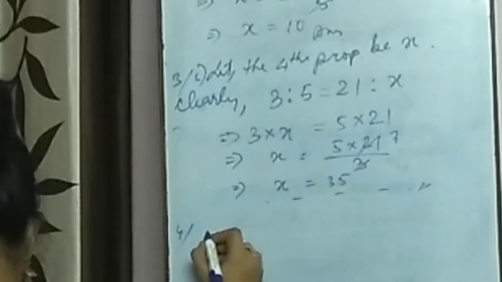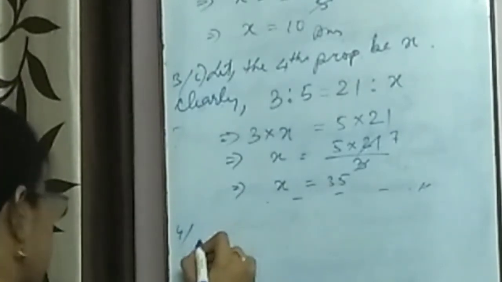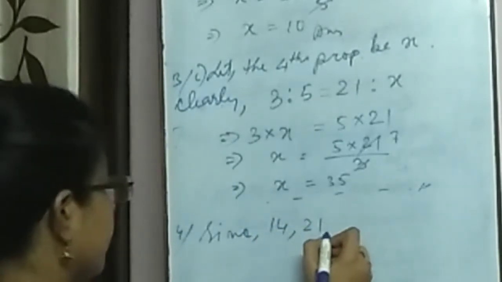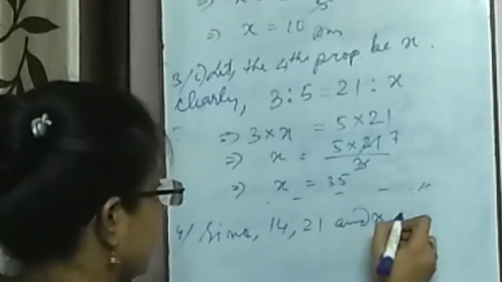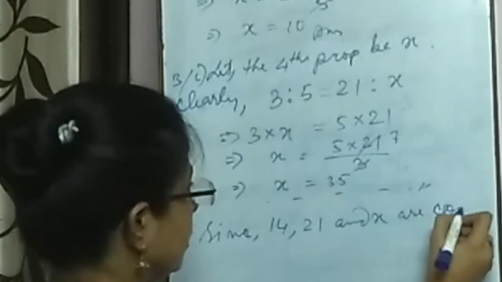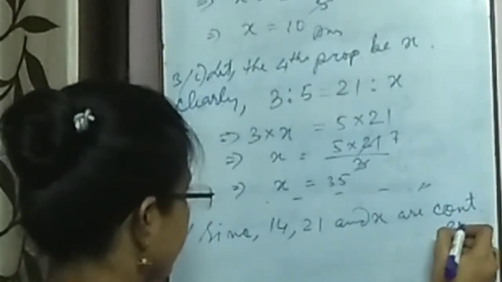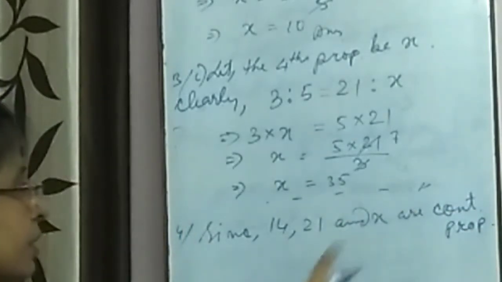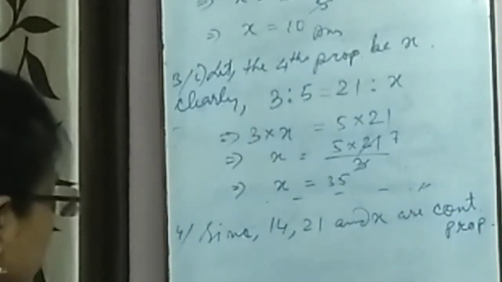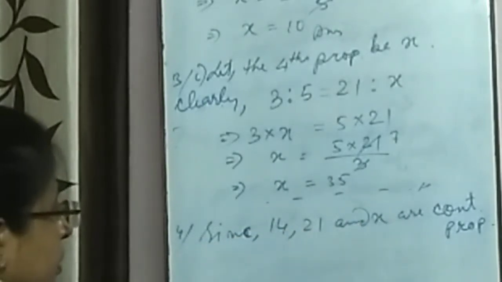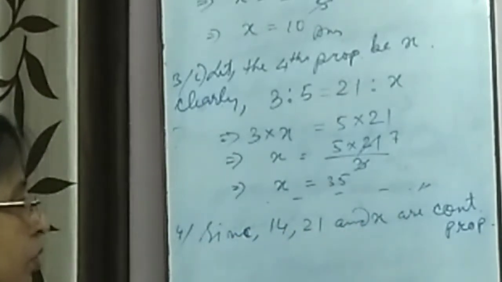Here in number 4 it said since 14, 21 and x are in continued proportion. These three numbers are in continued proportion. Then find the value of x. One term is missing. Why is it missing?